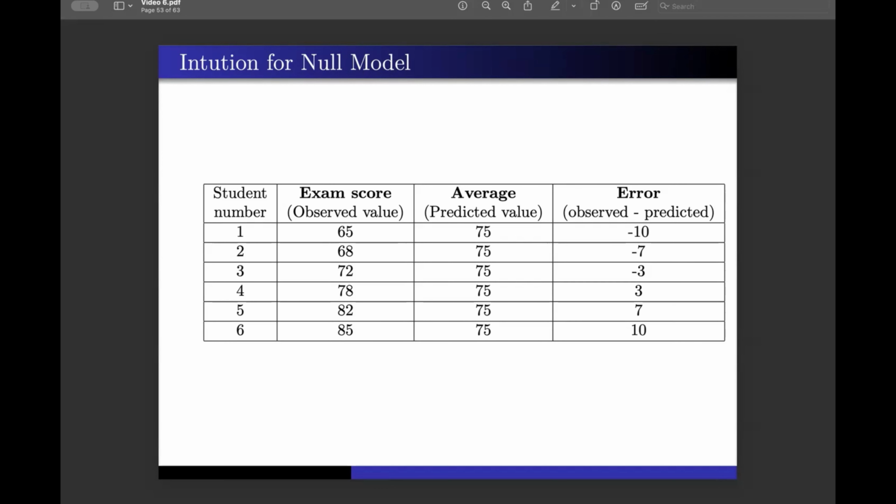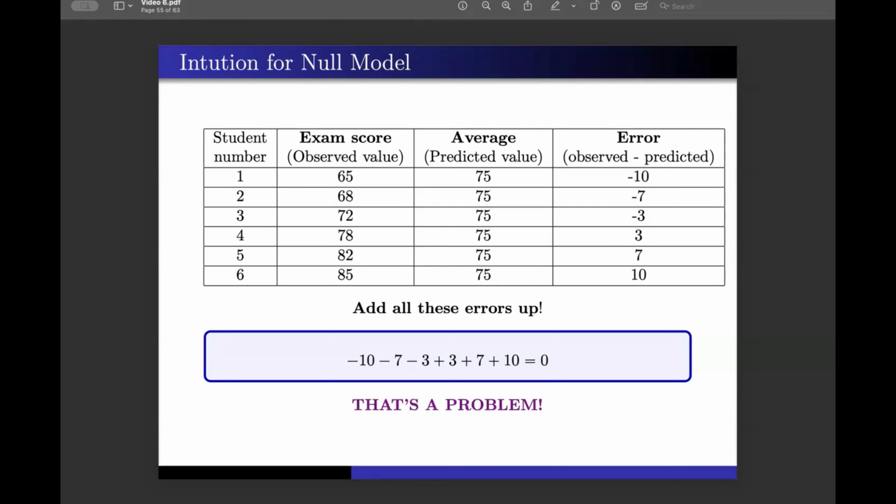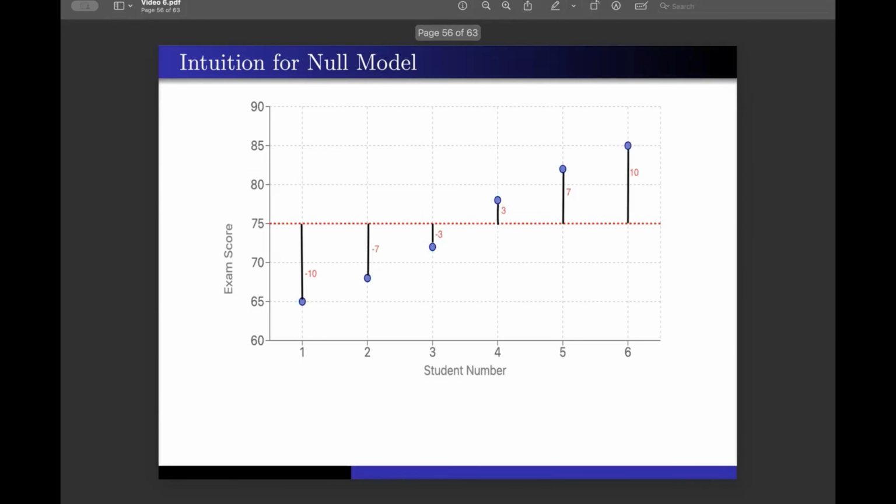So we have this table. If you sum up all these errors, observed value minus predicted values, you'll find that they add up to 0. Does that mean that there is no error in the model? Not at all. That's a problem. From the first observation, we have -10 as error. From the second observation, we have -7.